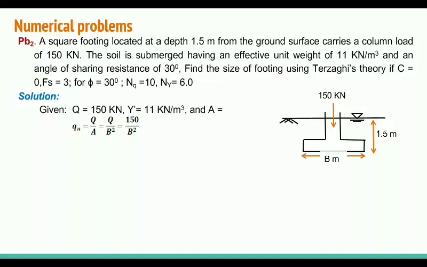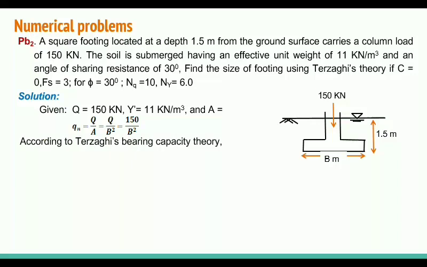So the net pressure developed by the load coming on the column is Q by A, load by area. The load is 150 kilonewton and the area is B square, with B in meter. So this 150 is expressed in kilonewton per meter square.